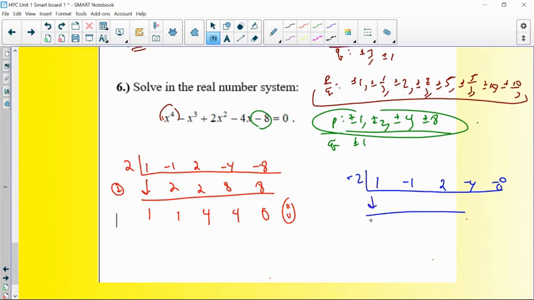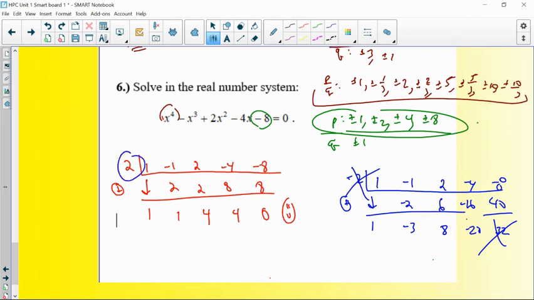So I bring that 1 down. -2 times 1 is -2. Add, don't forget we're adding. That's -3. -2 times -3 is 6. Add, that's 8. -2 times 8 is -16. Add, -20. -2 times -20 is +40. Add is 32. Okay, no bueno. I know that this is not a 0. So then I just have to try another one.